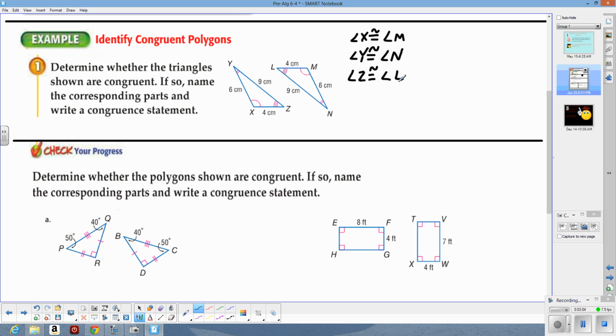We also can write congruence statements with the sides. So this side right here, line segment XZ is congruent to ML. And then let's move on to this side that's 6 centimeters long.